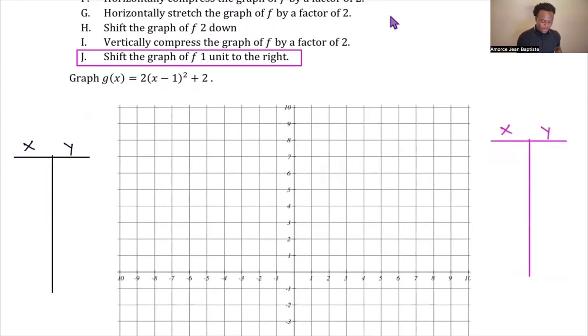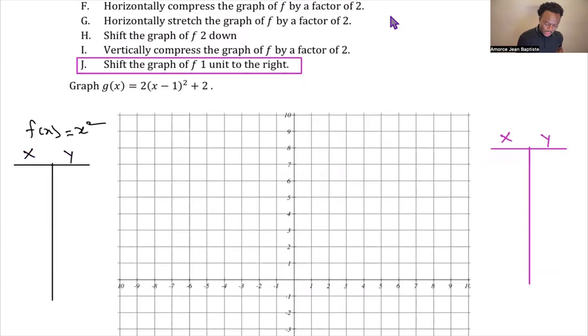Now, remember, the parent function is f of x equals x squared, whereas the transformed function is g of x equals 2 times (x minus 1) squared plus 2. So what we're doing here is we're going to try to find some values for x.